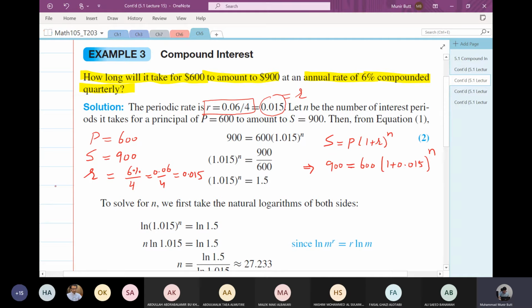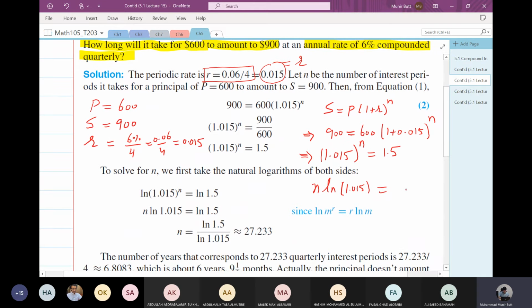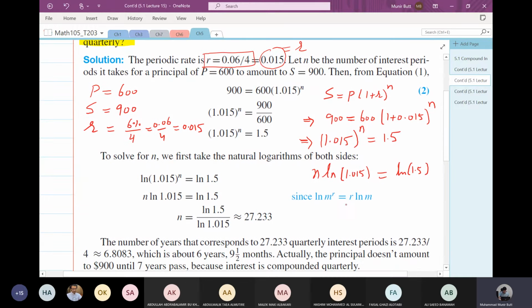And now you take advantage of the logarithm. So it will be 1.015 to the power n equals 1.5, and then we take natural log on both sides. So ln of 1.015 to the power n will be equal to ln of 1.5, and then you compute what is n.